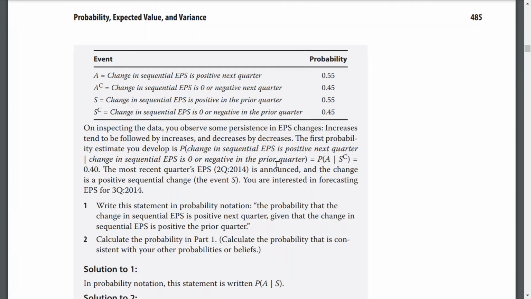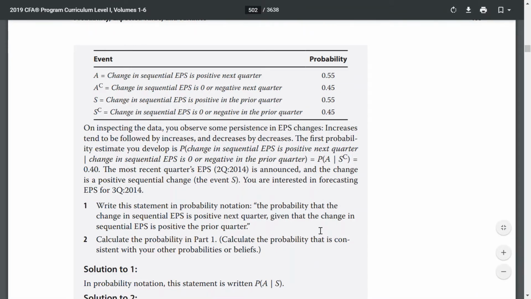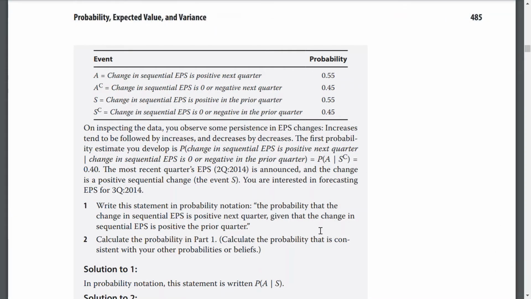Increases tend to be followed by increases, and decreases by decreases. The first probability estimate you develop is the probability that the change in sequential EPS is positive next quarter, given that the change in sequential EPS is 0 or negative in the prior quarter, which is 0.4.